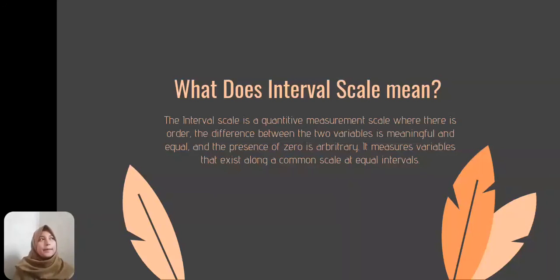Let's take an example from temperature. 40 degrees is not twice as hot as 20 degrees, and 60 degrees is not twice as hot as 30 degrees. So this is the scale, and the zero is not an absence.